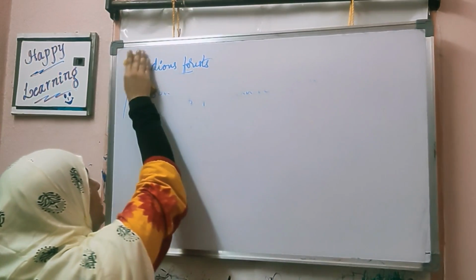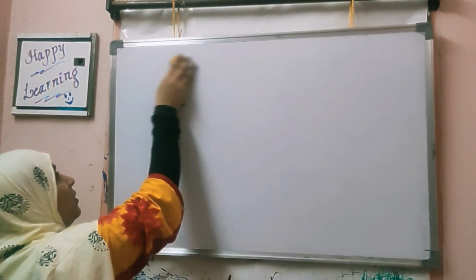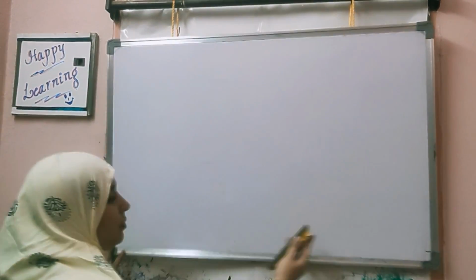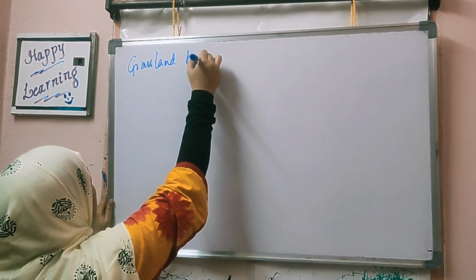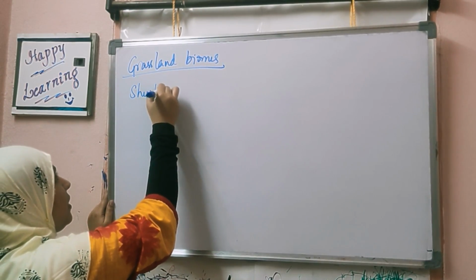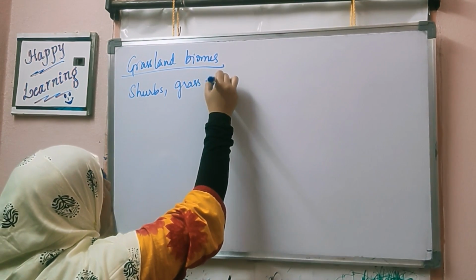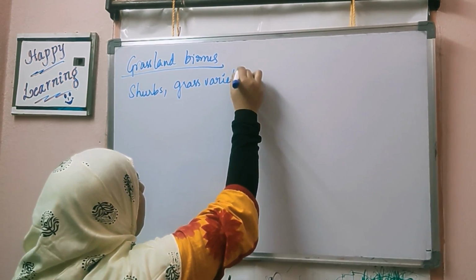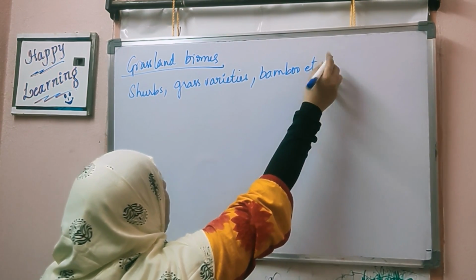Grasslands, the name itself says that here grass grows. Grassland biomes. So in these regions, shrubs or grass varieties of plants, bamboo is also grass variety, etc. grow.